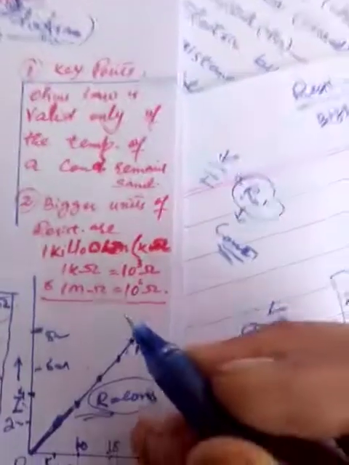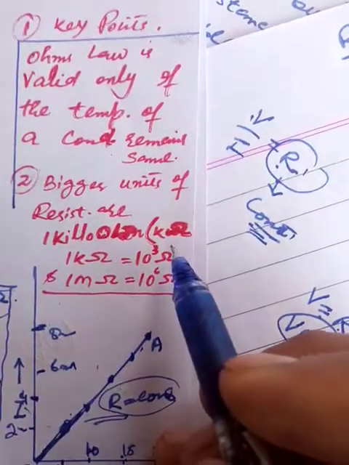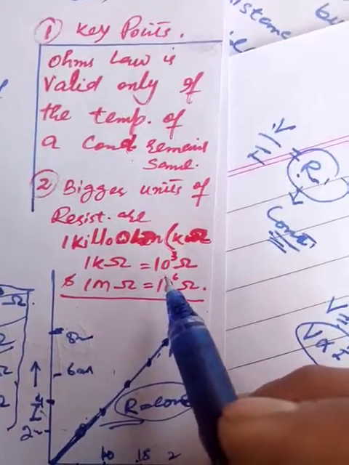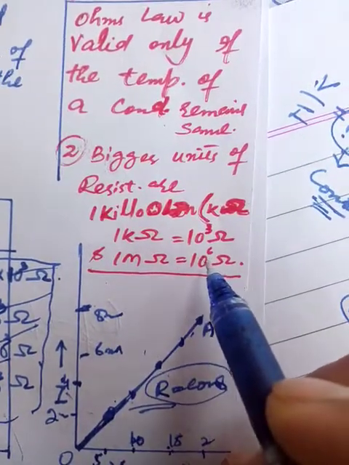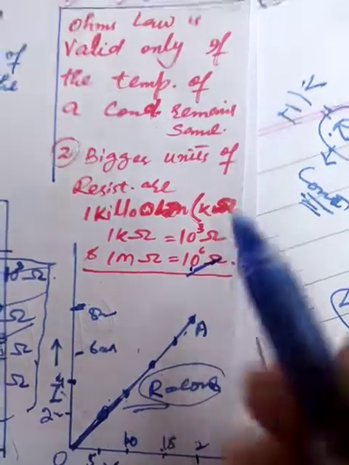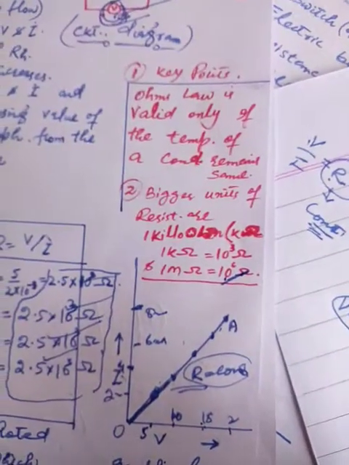Similarly another bigger unit of resistance is mega ohm, and 1 mega ohm is equal to 10 raised to the power 6 ohm. These are the bigger units of resistance.